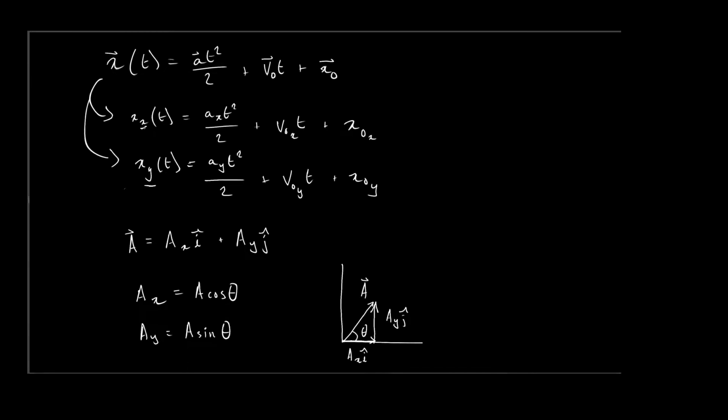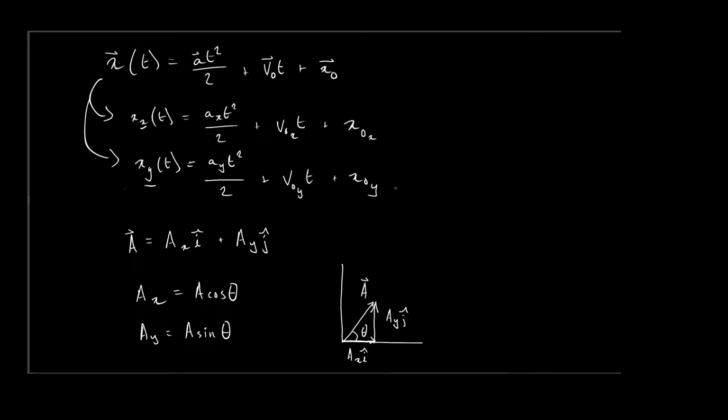The position x here is the position as a function of time equals acceleration in the x direction times time squared, blah blah blah blah. Then over here it's acceleration in the y direction, time squared, and all that jazz, right?